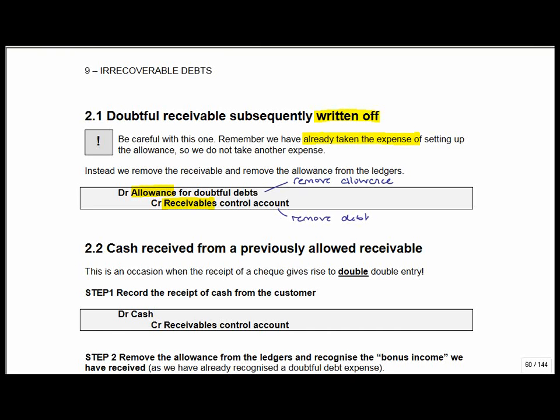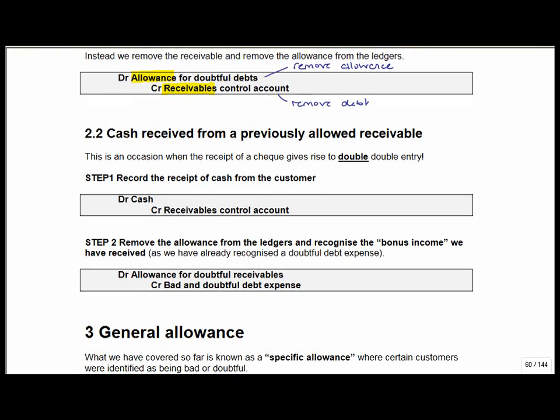The second scenario, if our customer now pays us, having created an allowance, what do we want to do here? We've actually got to do two things. Firstly, as normal, you would record the receipt of cash, so you're going to debit your cash account and credit receivables. That really is just your normal double entry that you make whenever you receive cash from your customers.